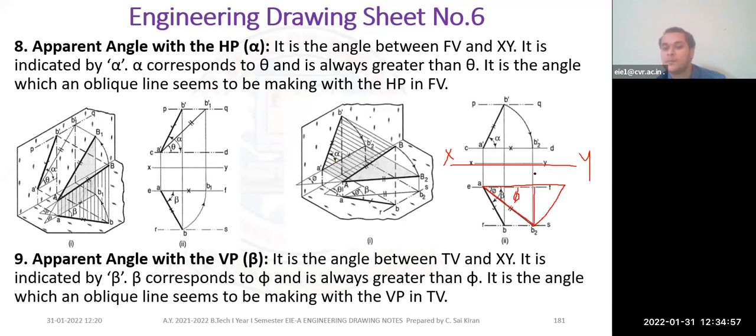This is projected above, and for this line I made an inclination alpha. Wherever it cuts the locus, from that locus again I draw downwards, and wherever it cuts this locus, that point is called the final plan length. This is my plan length, and this is my final elevation length. Elevation is nothing but the top view length, front view length.